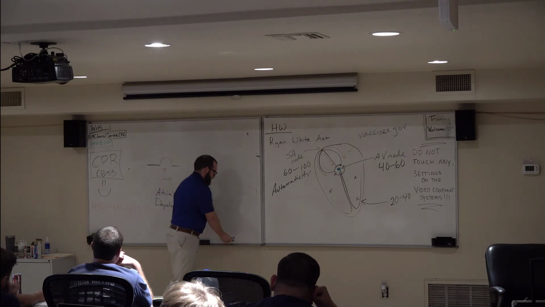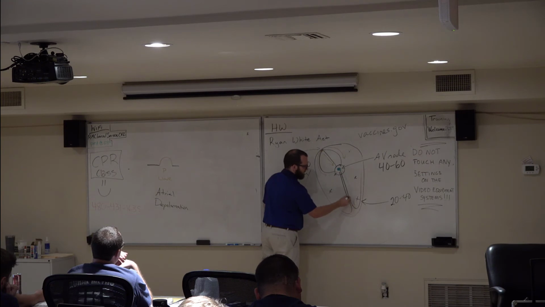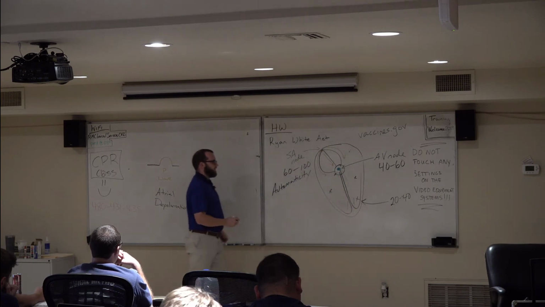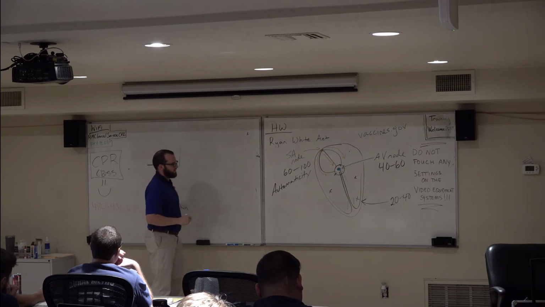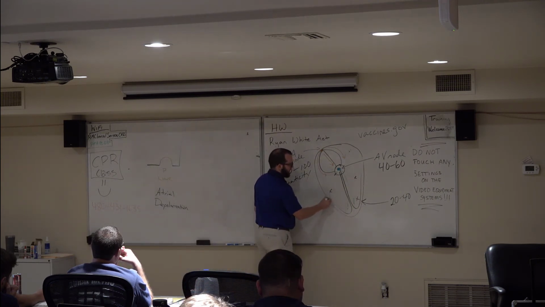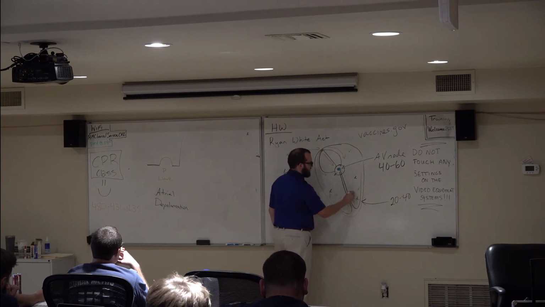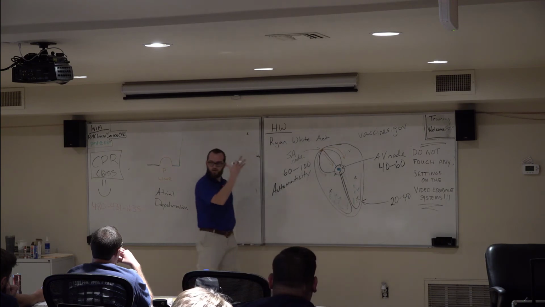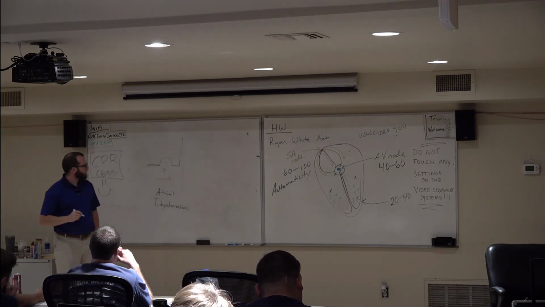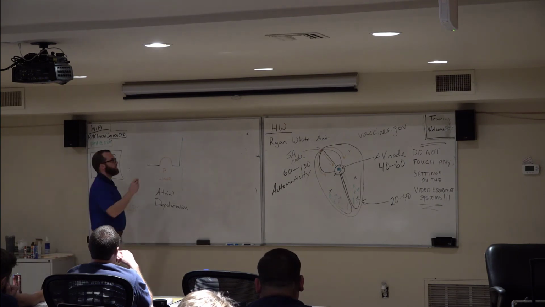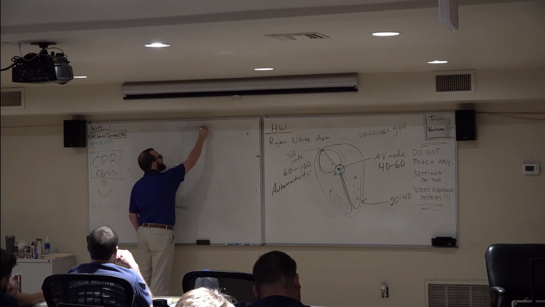Then, very, very quickly, electricity will travel down through the ventricles, and then it'll start working its way back up and cause all those ventricles to fire. And that's your big spike, which we said was what? QRS complex.